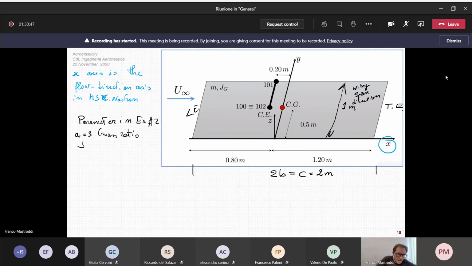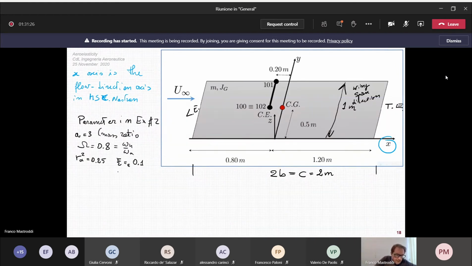We had omega equal to 0.8, a frequency ratio between omega h and omega alpha. We had a nondimensional radius of gyration equal to 0.25, and a nondimensional distance between the elastic center and 1/4 of chord, the aerodynamic center, equal to 0.1.